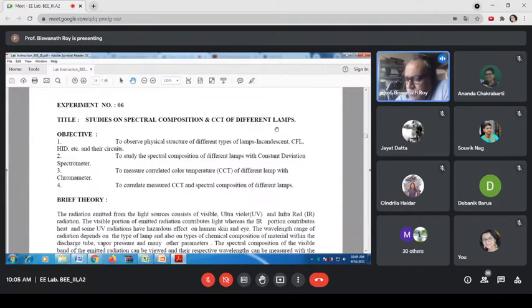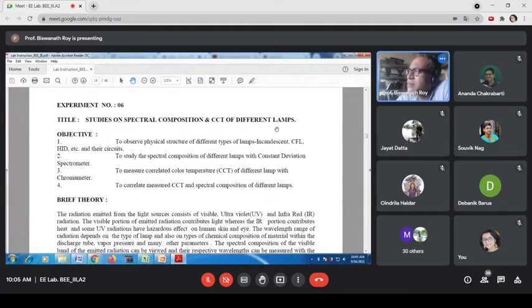Light is something related to human visual response, right? When optical radiation is weighted by the spectral response of our eye, what you get is light.